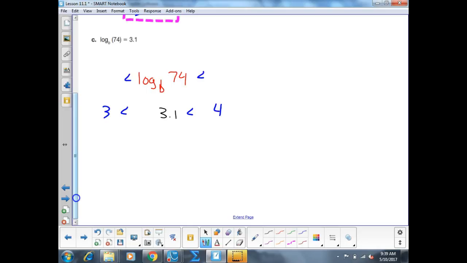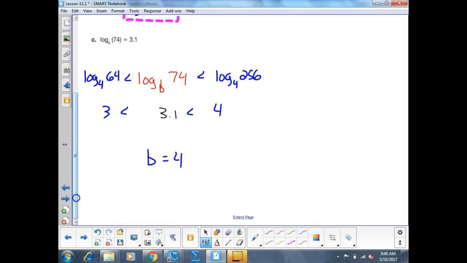So if I go with a base of 4, then this would be log base 4 of 64, because 64 is 4 cubed. And this would be log base 4 of 256, because that's 4 to the 4th power.